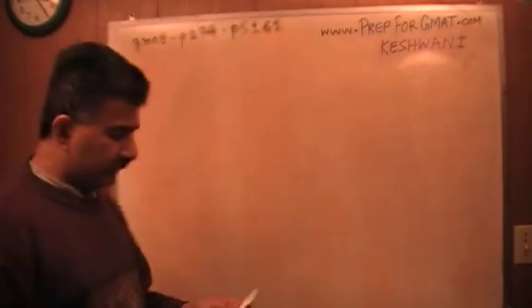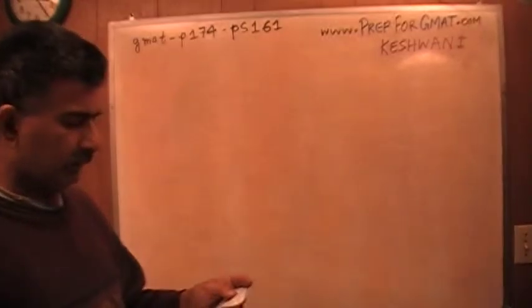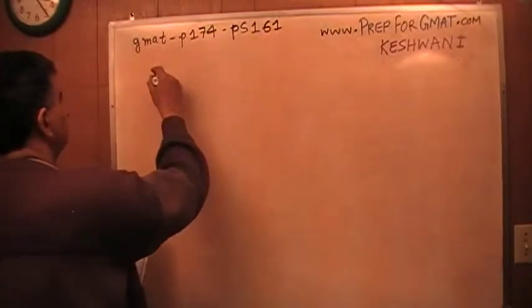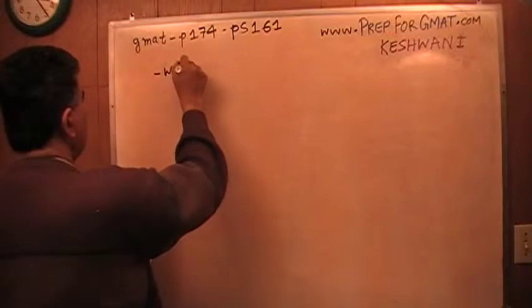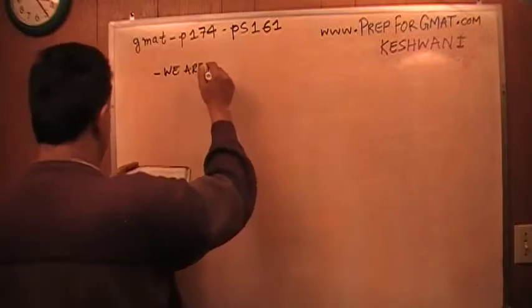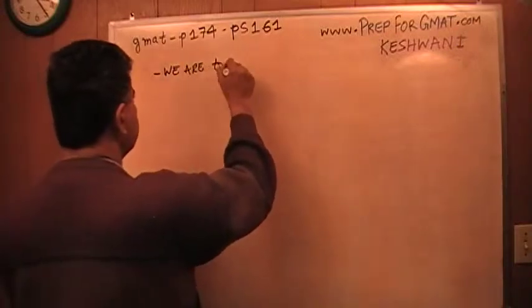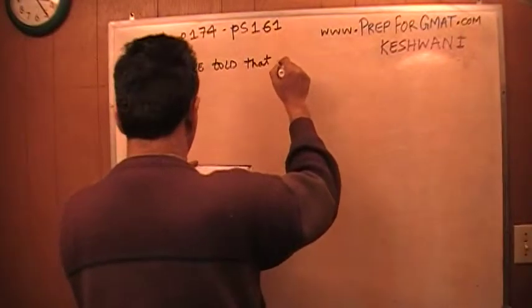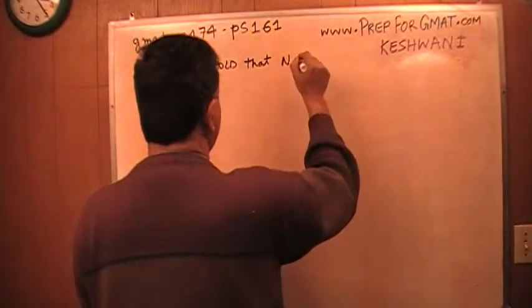Well, the very first thing we are told is that n is divisible by 25. What does that mean? Let's make a note here.